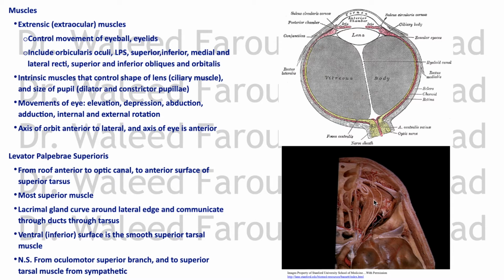So this muscle will have dual nerve supply, one from the oculomotor nerve, the nerve of the extraocular muscles, and the other is from the sympathetic supply to this ventral aspect, which is the superior tarsal muscle. The superior tarsal muscle originates like the levator palpebrae superioris, but inserts at the edge of the tarsal plate, not the anterior surface, at the edge of the tarsal plate. Okay.